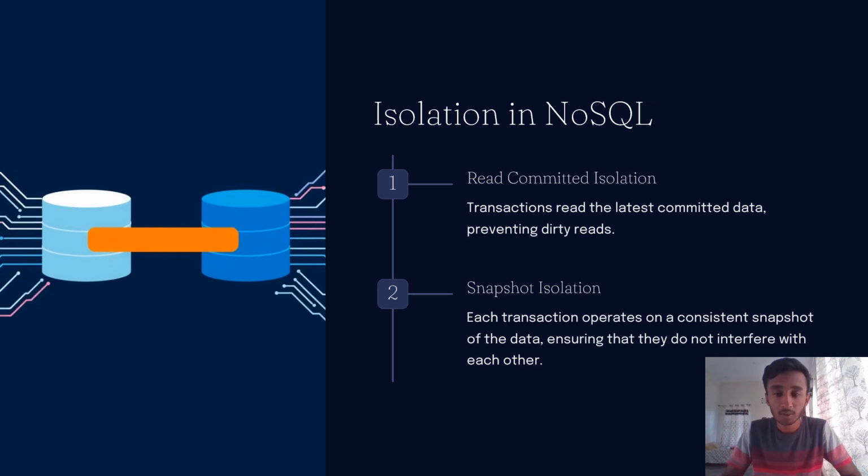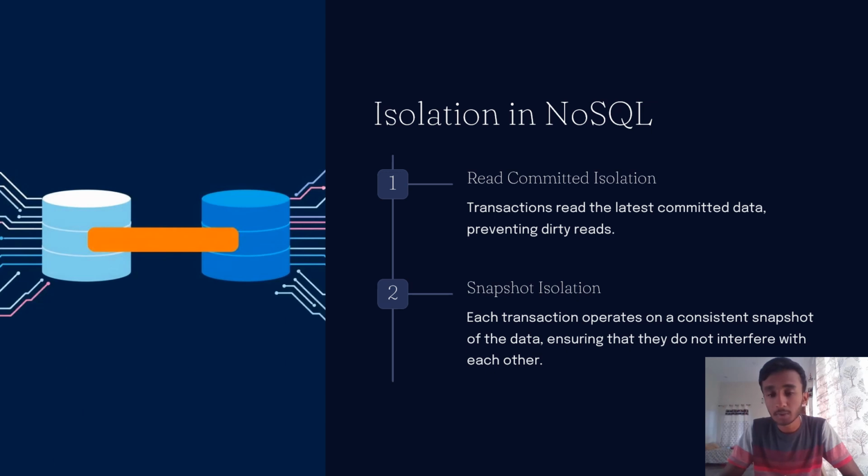Isolation in NoSQL can be classified into read committed isolation and snapshot isolation. In read committed isolation, transactions read the latest committed data, preventing dirty reads.